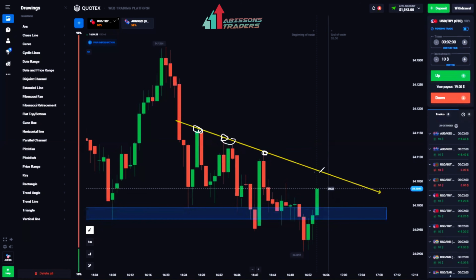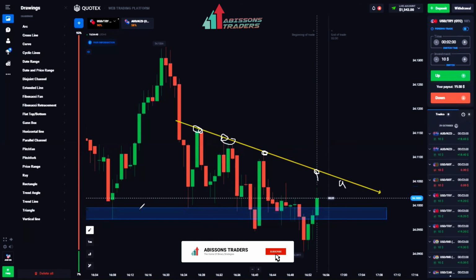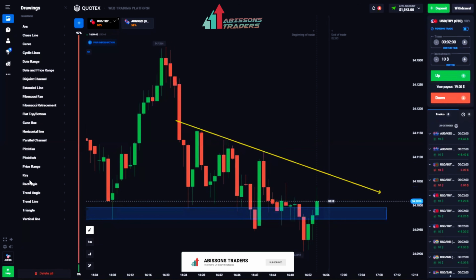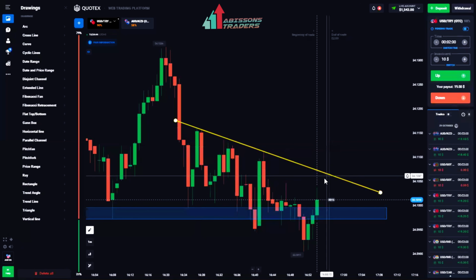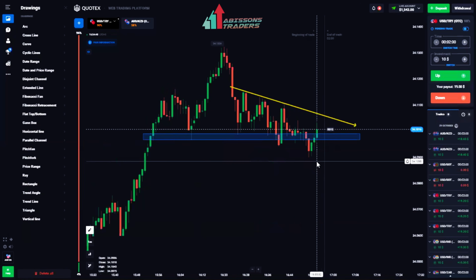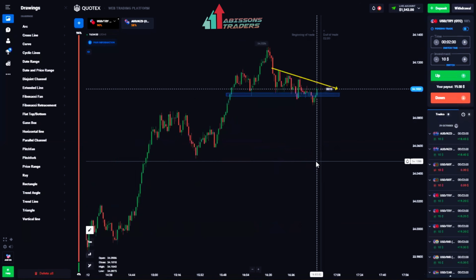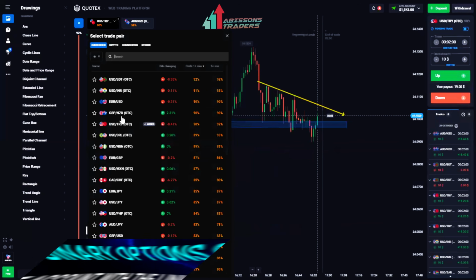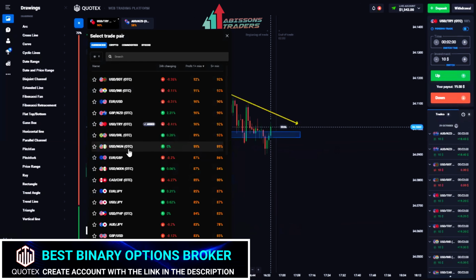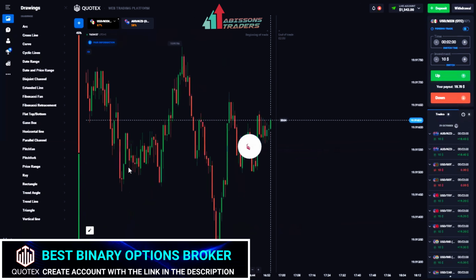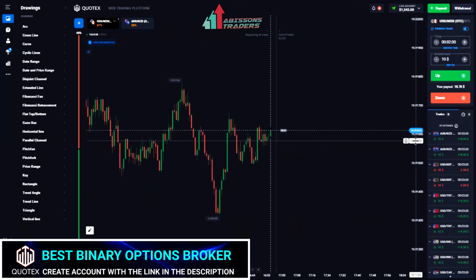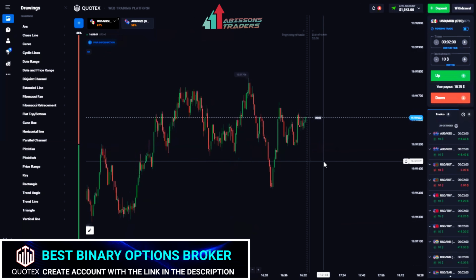Okay, so we are expecting some reactions in future, because we have already known this one is a zone, right? So that's how you identify a zone. You just look at the wicks. So let's look for another chart and analyze again.